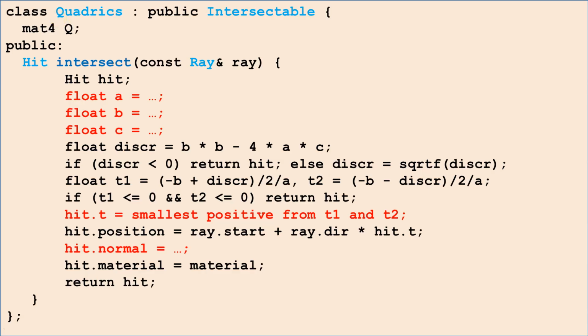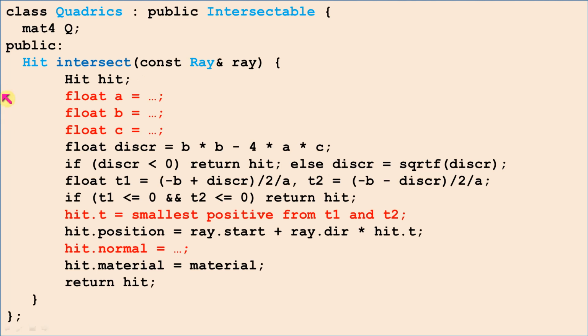We have already implemented a class called sphere that handles the ray-sphere intersection problem. If we want to introduce quadrics in our virtual world, we need a quadrics class. That is also a special class of the intersectable, which means that it implements the intersect function that is responsible for calculating the intersection between the quadrics and the ray, and also for the determination of the normal vector at the intersection point.